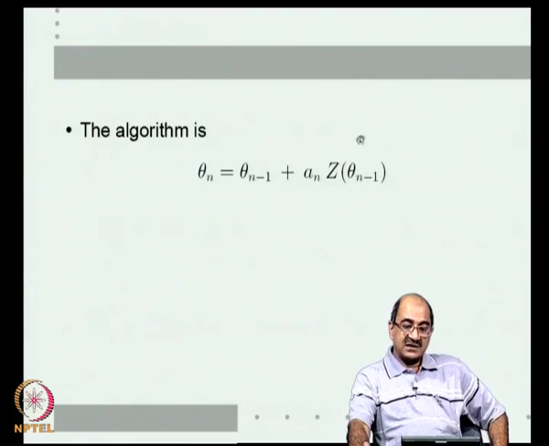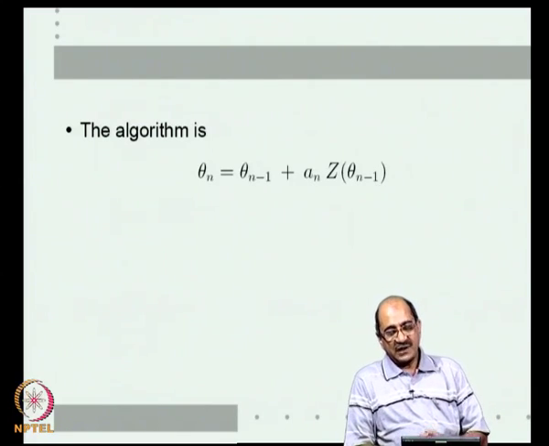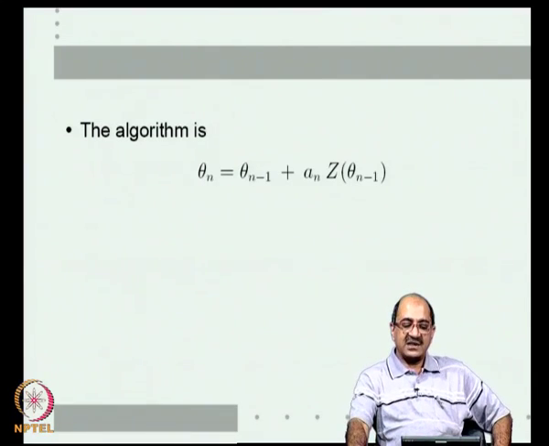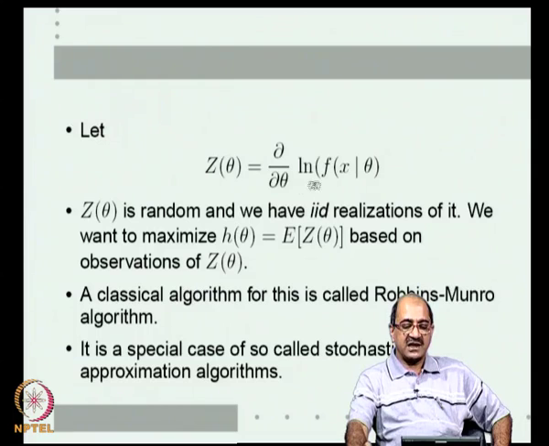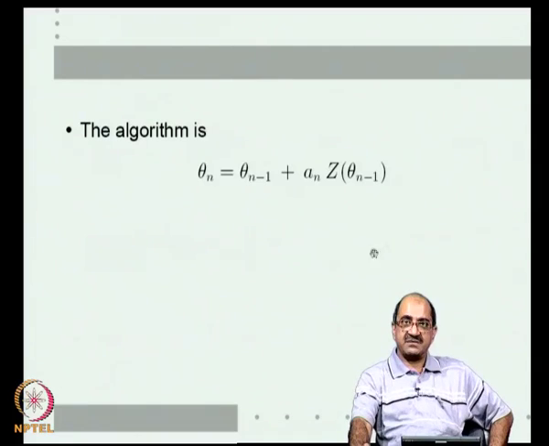Of course, z is random. If I reach a minimum or maximum, then h will be 0, so there is a standard stopping point. But because all I know is that h is the expected value of z, z is some noise corrupted version of h.